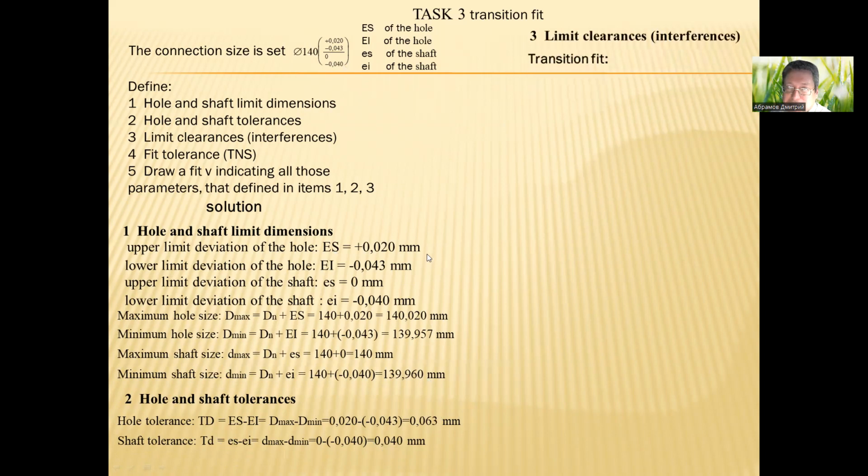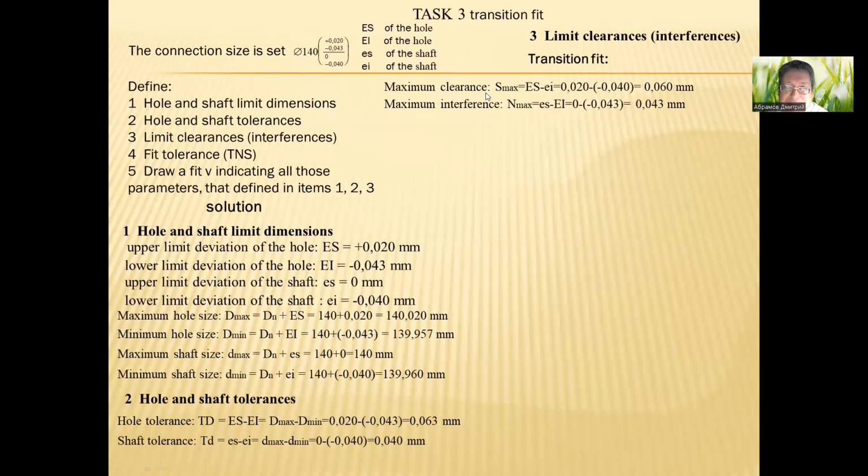Limit clearances or interferences. For a transition fit, we should find the maximum clearance and maximum interference. So maximum clearance is equal to the upper limit deviation of the hole minus the lower limit deviation of the shaft. Big ES is 0.02, and small ei minus 0.04.